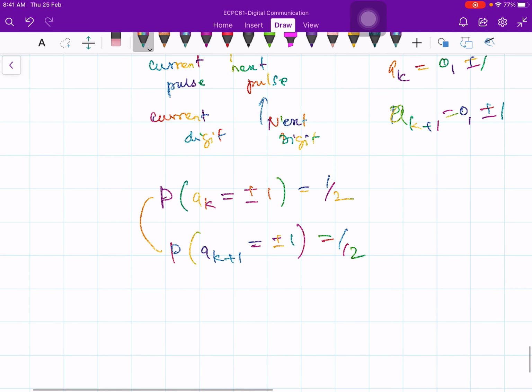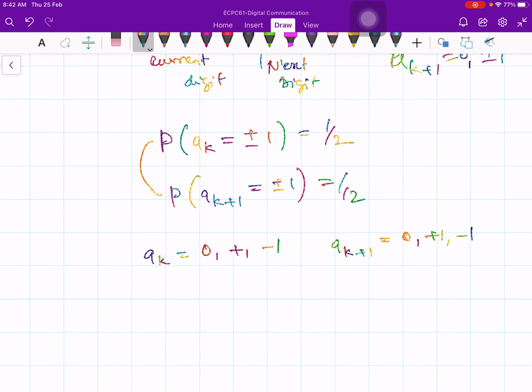AK can take 0, plus 1, minus 1, and AK plus 1 can take 0, plus 1 and minus 1. Now the question is, what is the probability that the product of AK and AK plus 1 is non-zero? When will I get a non-zero value? Let us assume two cases. Case 1.